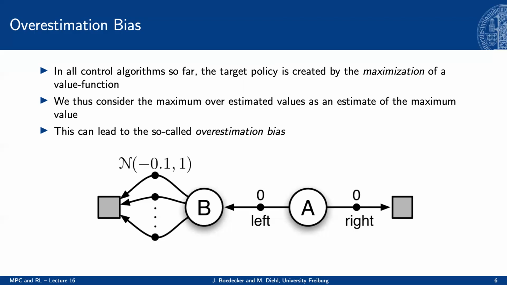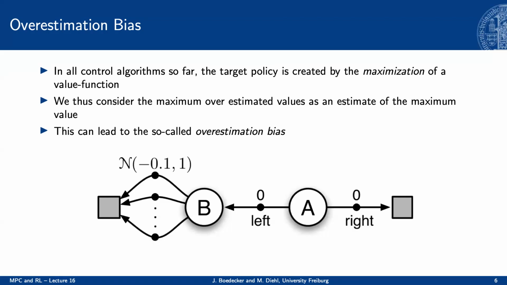That really can lead to this overestimation bias, and it's maybe easiest to see with an example, this very simple little MDP that we have here, just two states, A and B, and from A we can either go right with a reward of 0 or left with a reward of 0.